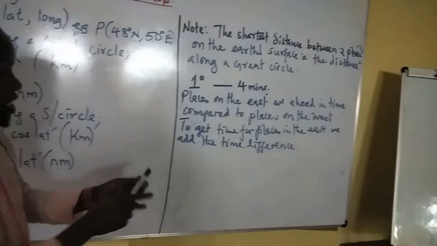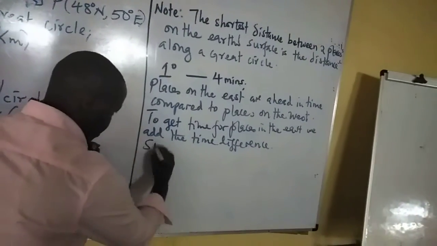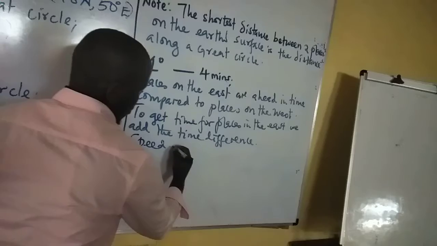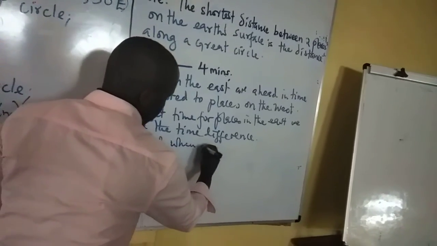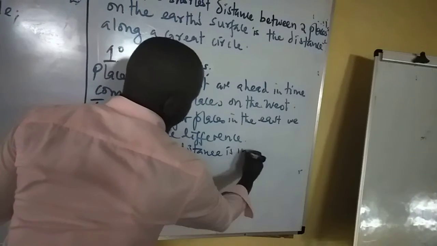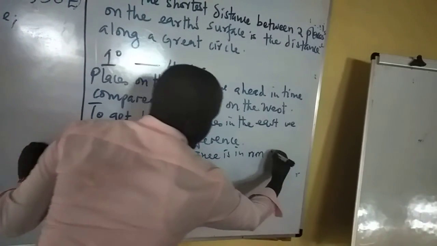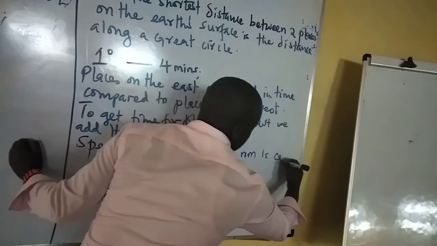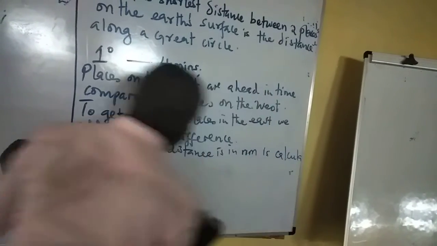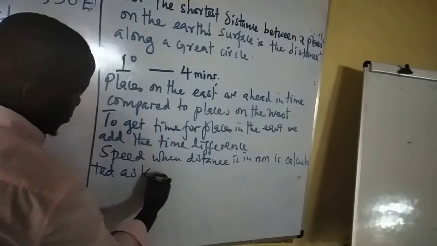We had also mentioned something about speed, and we said that when distance is in nautical miles, speed is calculated as knots.